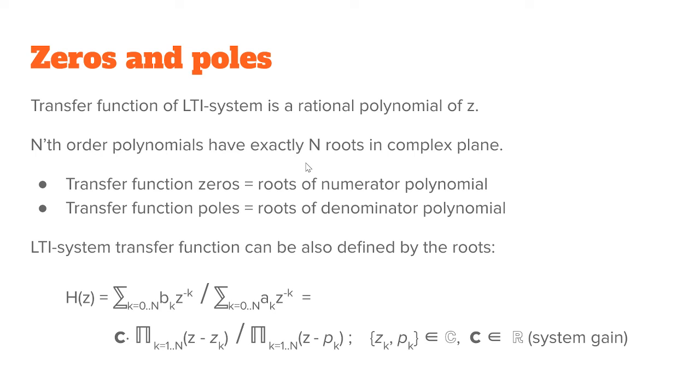Similarly to analog systems, where the transfer function had special points called zeros and poles, especially the poles, these polynomials also have zeros and poles.